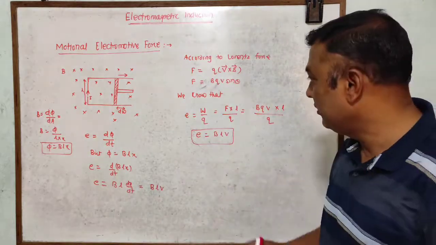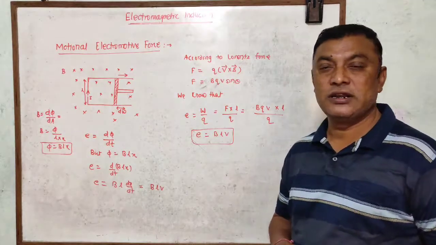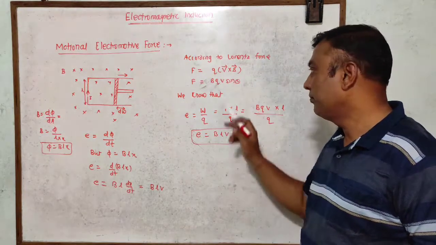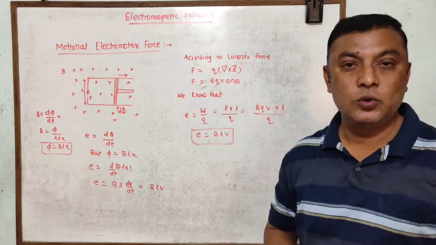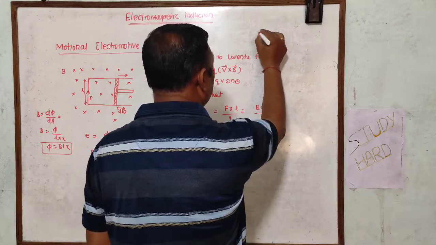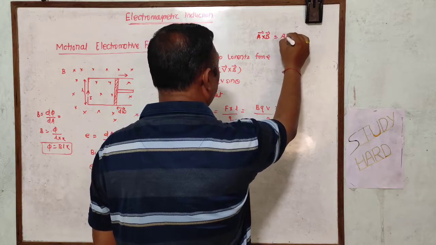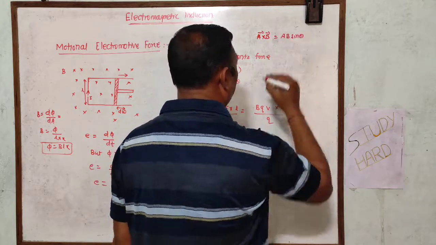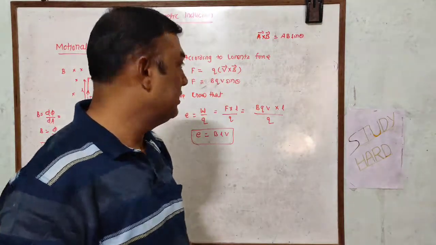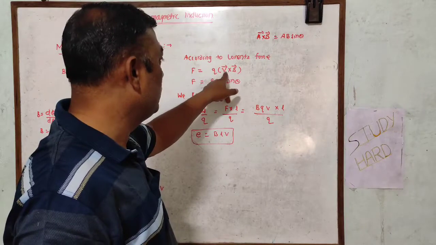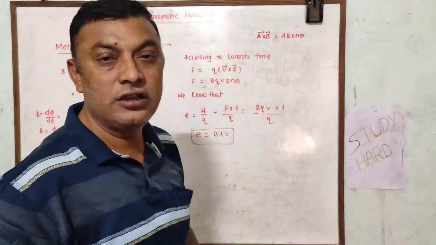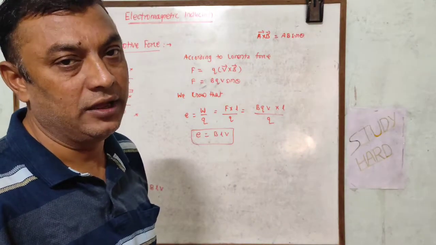This is considered as F is equal to Q into v cross B. If you know the cross product rule, A cross B is AB sine of theta. In a similar manner, Q into v cross B means Q into v B sine of theta.